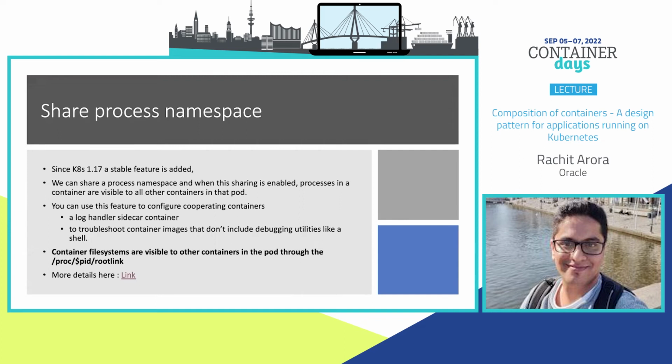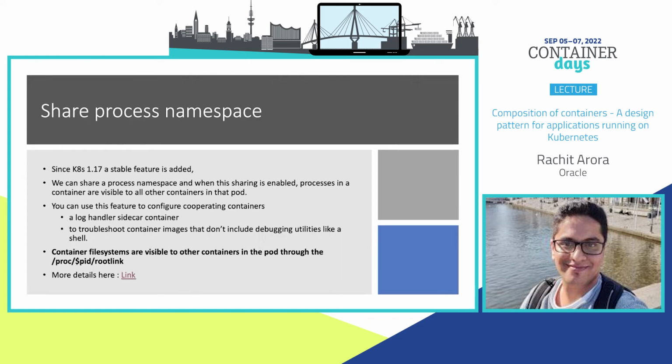We can share the process namespace between two containers, and it's really helpful to solve some of the use cases we discussed, like a log handler in a sidecar container and shell access in a sidecar container to debug problems in the main container.